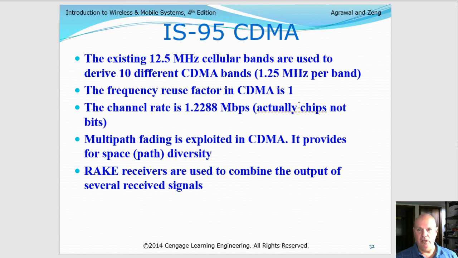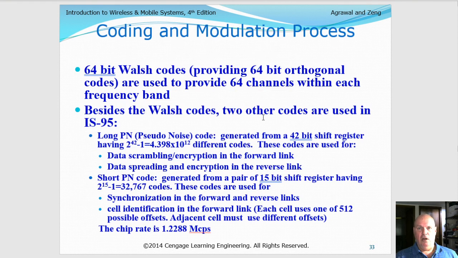The channel rate is actually 1.2 megabits per second. Again, this is not actually data bits, but the much shorter chips that are used with the spread spectrum code. So 64-bit Walsh codes are used, and so they provided 64 channels within each of the 10 frequency bands, or essentially 640 different channels.